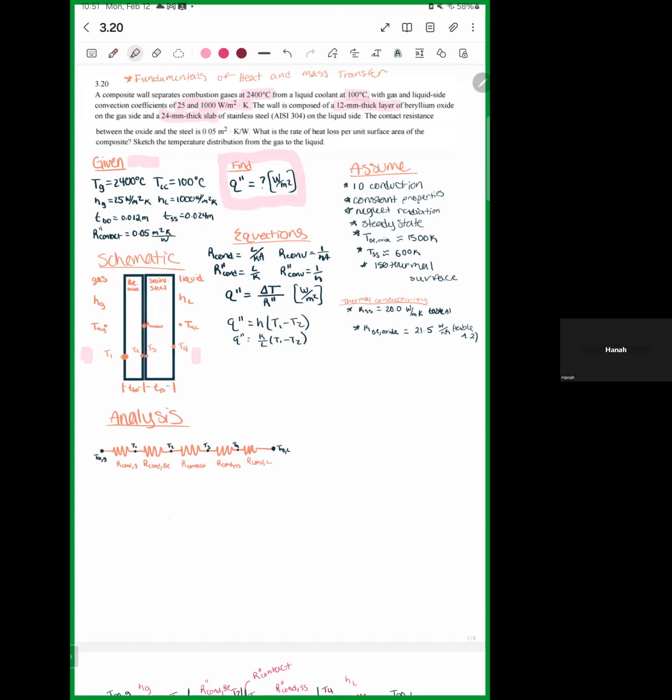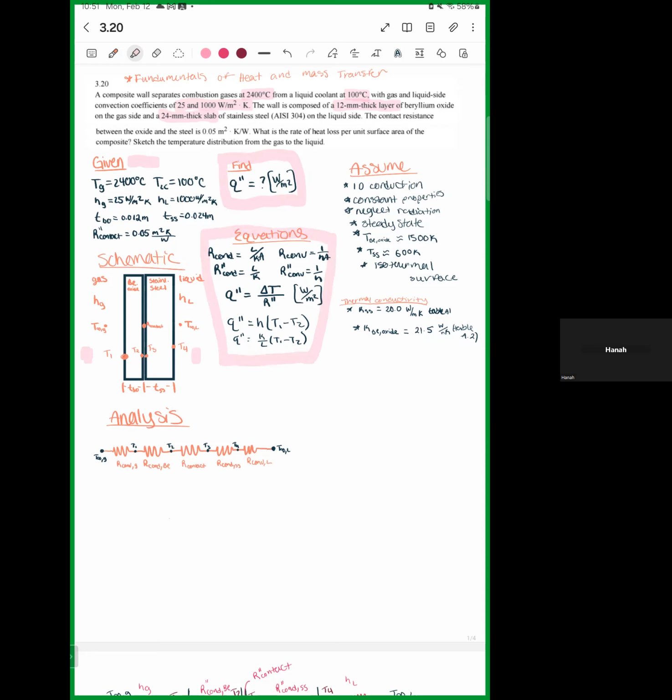And we're also going to be considering the contact resistance between these two pieces of the composite wall. So the equations are shown in the middle of the screen right here, and these are the main equations that we'll be using for this problem.